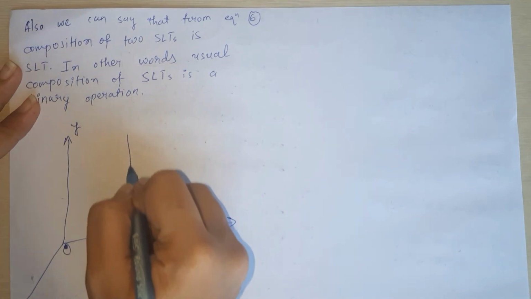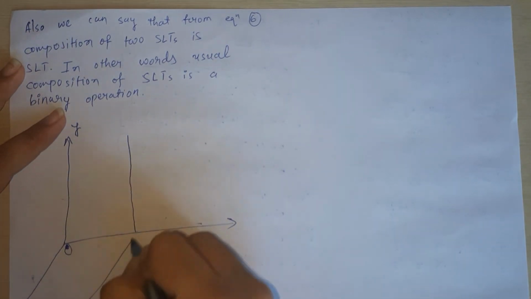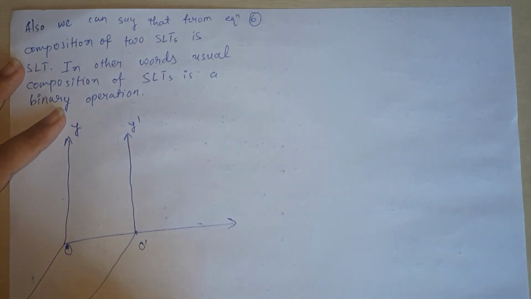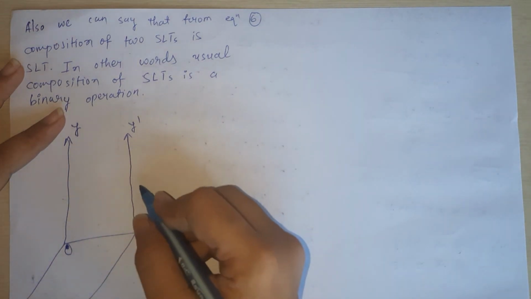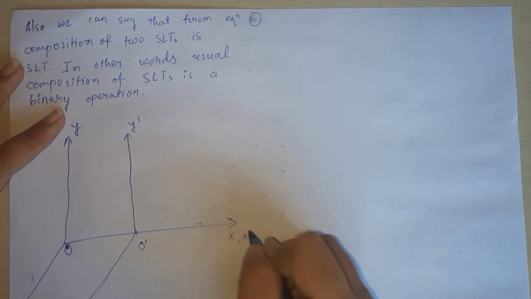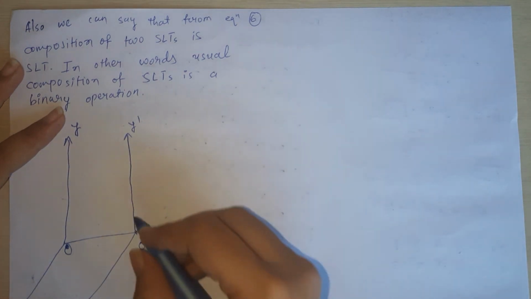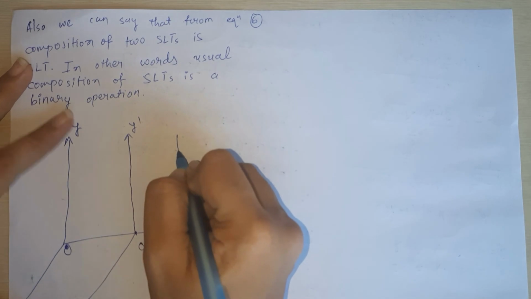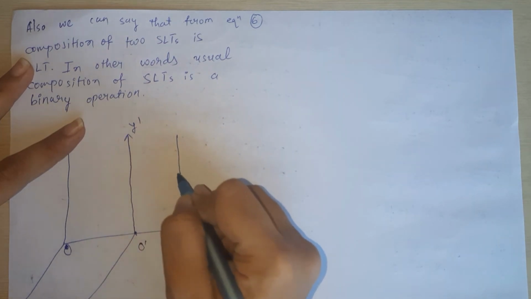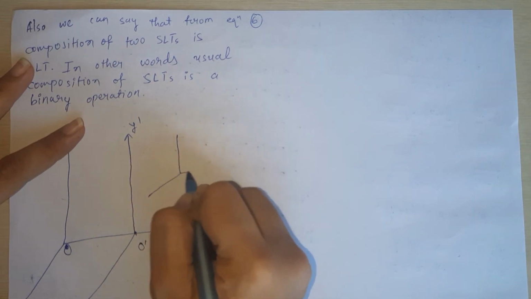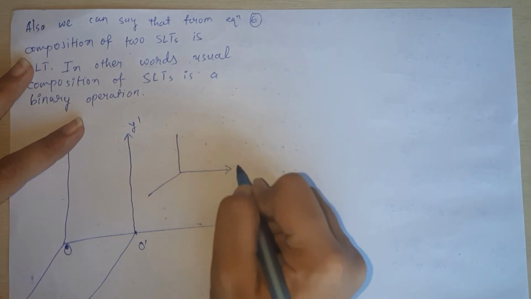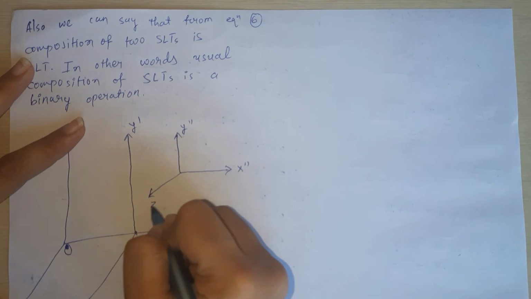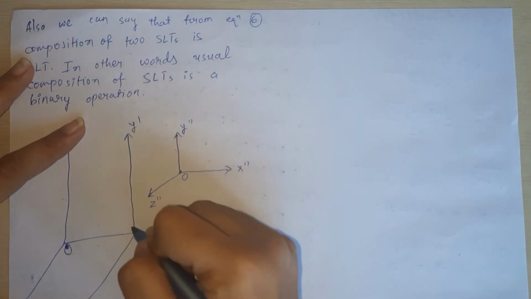This is our S dash frame, origin O dash, Y dash, Z dash. This is our X and X dash coordinates, and the S double dash is here, that is this is our X double dash, this is Y double dash and this is Z double dash coordinates. This is our origin O.